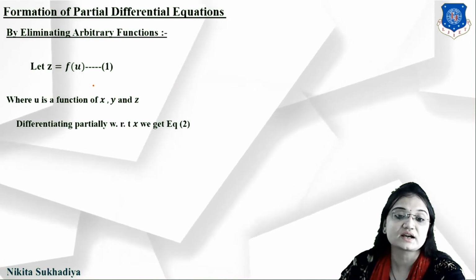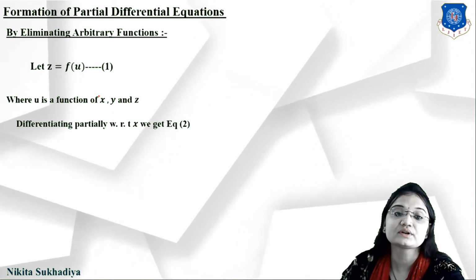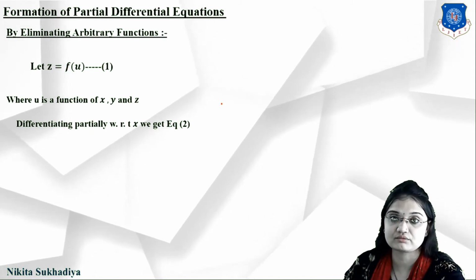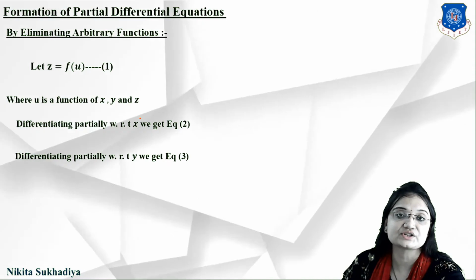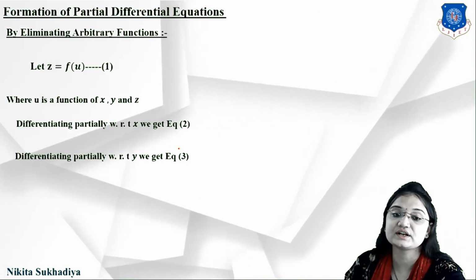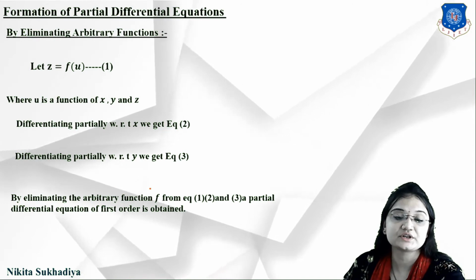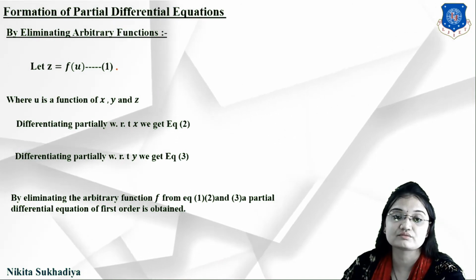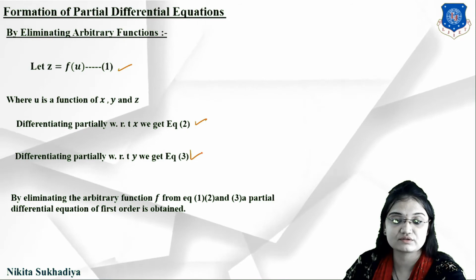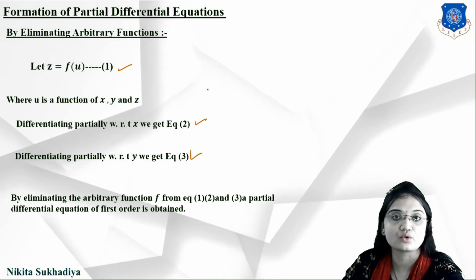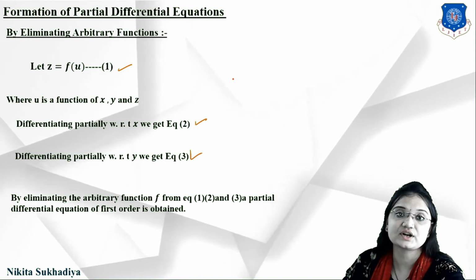Second, differentiating this equation number 1 partially with respect to x, we will get equation number 2. Then differentiating partially with respect to y, we will get equation number 3. And then by eliminating the arbitrary function f from equation number 1, equation number 2 and equation number 3, we will get a partial differential equation of first order. Okay, let us understand with an example.